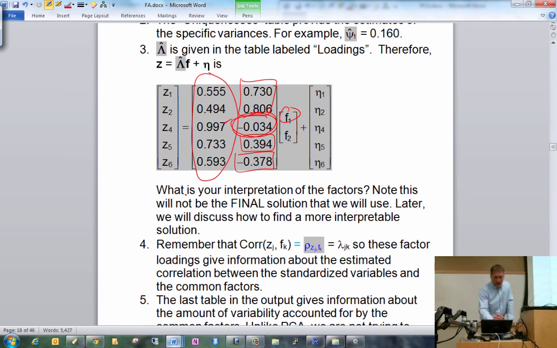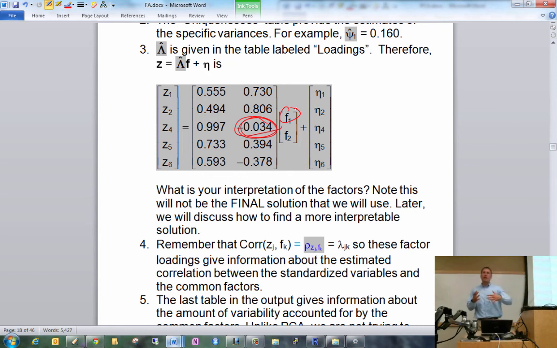Well, let me first of all say, notice that when you have one of these lambda hats that is close to 0, it can make the interpretation a little bit easier because you can essentially ignore it. Remember, this is the correlation between Z4 and F2. And so what would be nice is if we could have more of these lambda hats that are close to 0, or maybe even more of them that are close to positive 1 or negative 1.